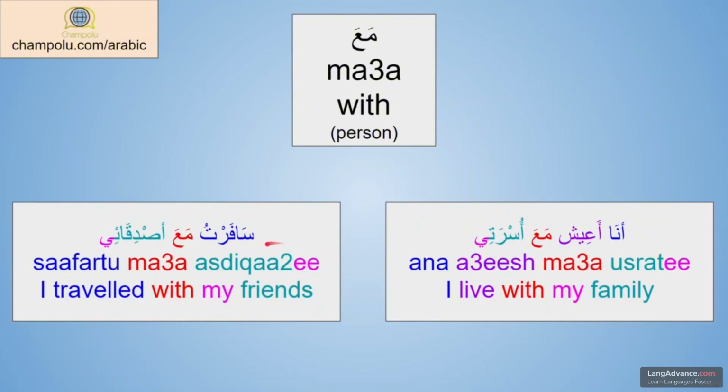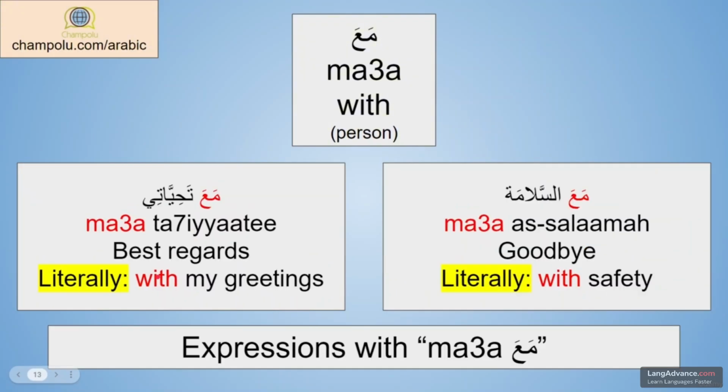And then I want to say I traveled with my friends. So سافرت مع أصدقائي. So again, أصدقائي here means my friends, and when I want to say with my friends, it becomes مع أصدقائي.